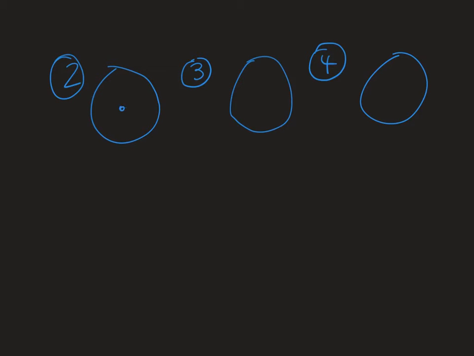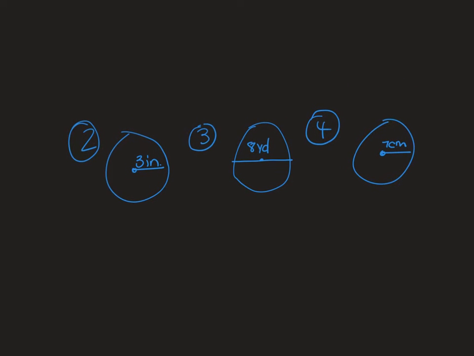All right, so you are finding the area of a circle. So what is the formula to find the area of a circle? Area equals, yes? Pi times the radius squared.